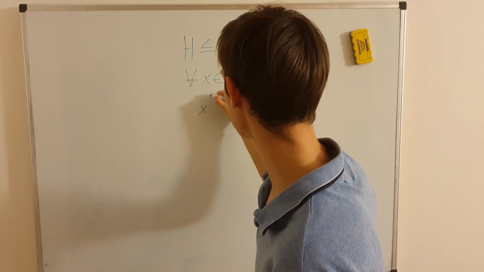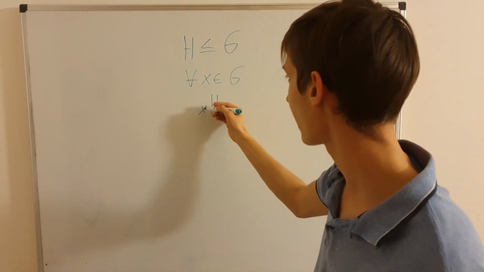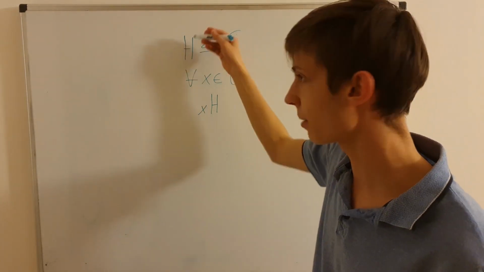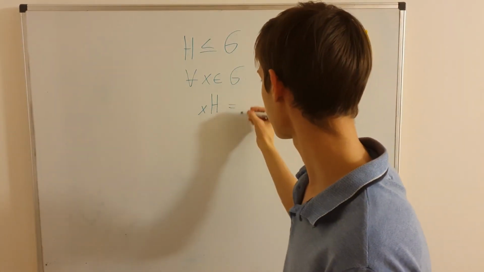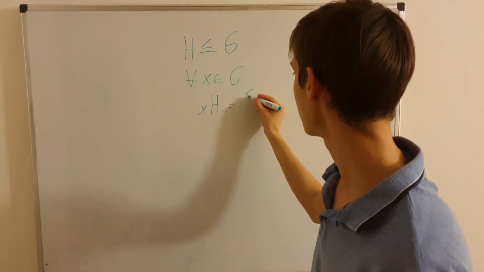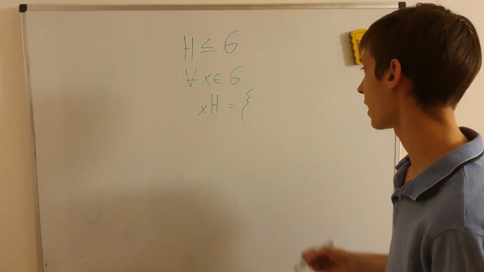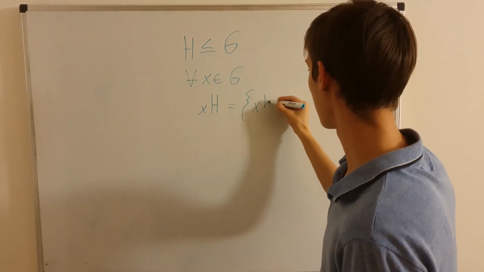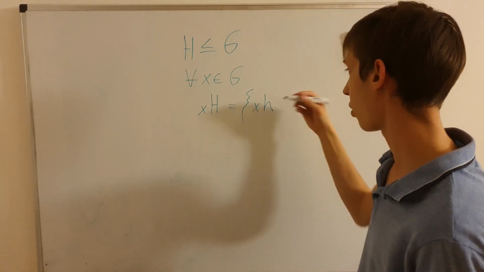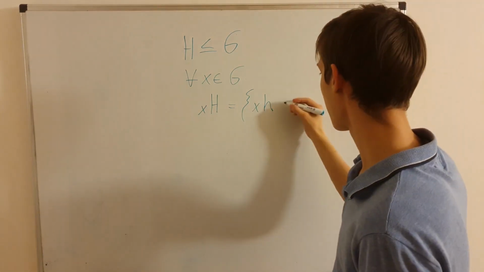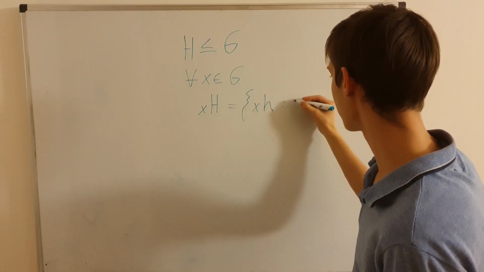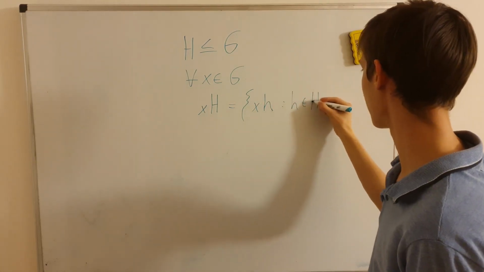I will define it as XH, where X is that one element from G and H is the set of the elements of the subgroup H. And it will basically be this set defined in the following way: X in operation with H, or XH without the operation sign. It's a quicker way to write it. In that way, all these lowercase h's are inside the uppercase H.